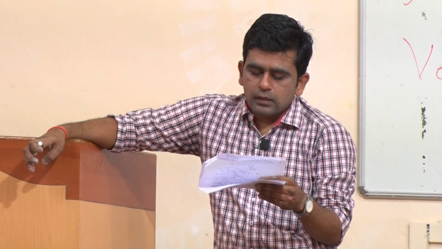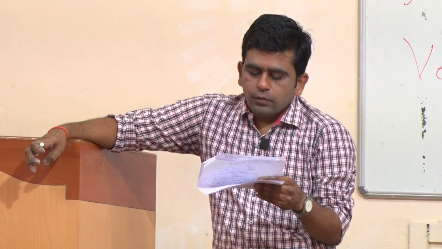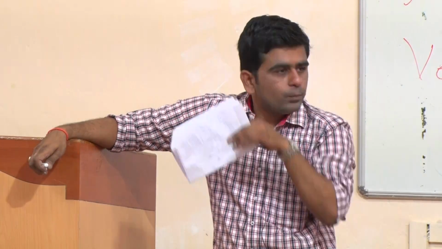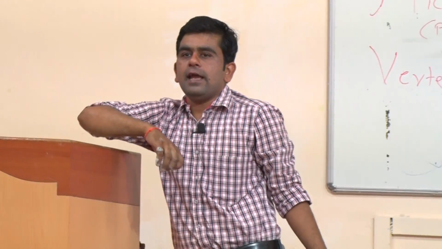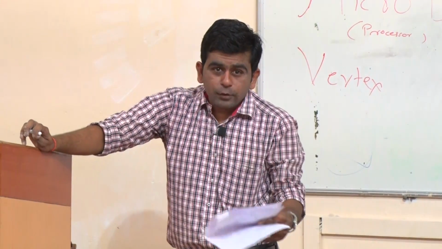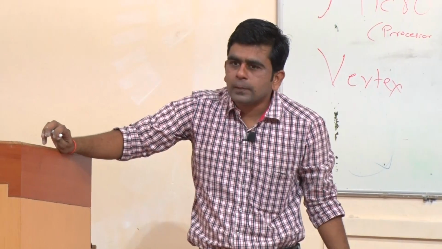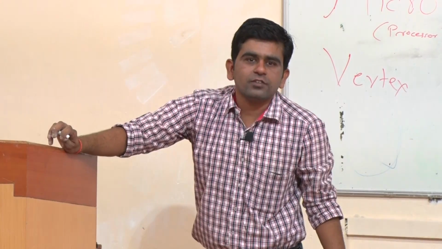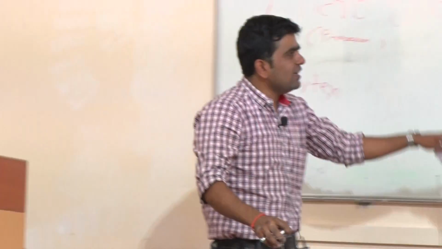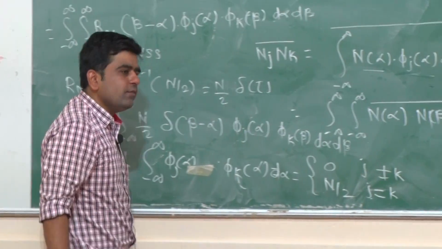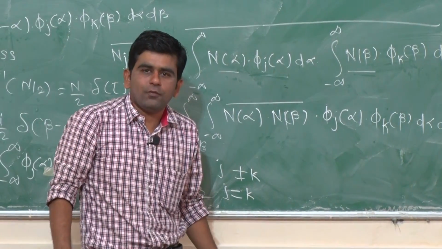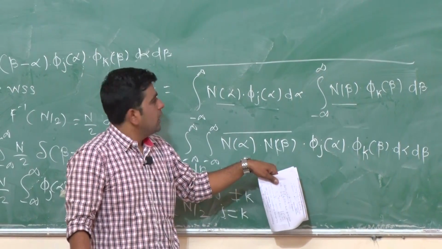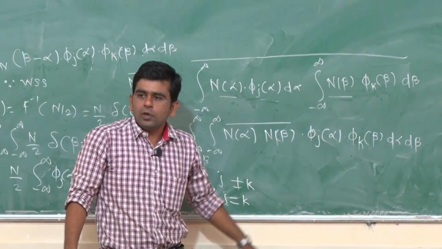each with the variance capital N by 2. Here we have to assume that this is a zero mean wide sense stationary random process. So n j and n k, these are the two random variables of the random process n of t. They are zero mean, their mean values mu of n j and mu of n k are equal to 0.